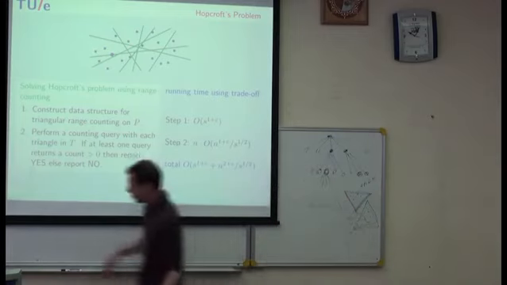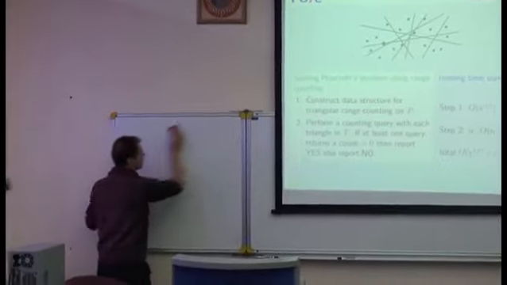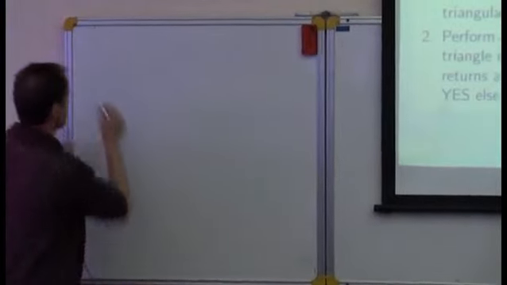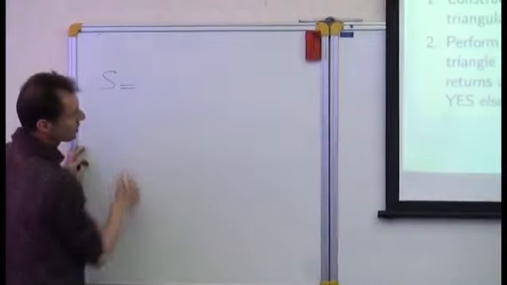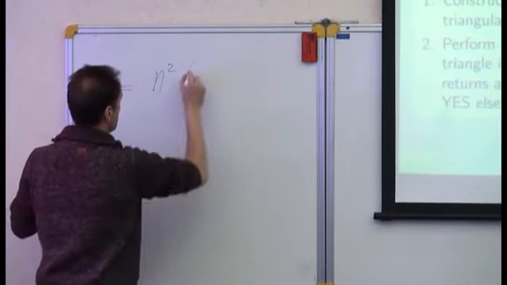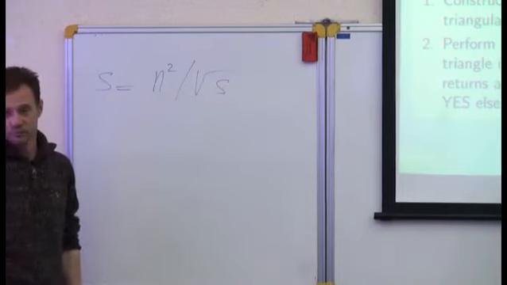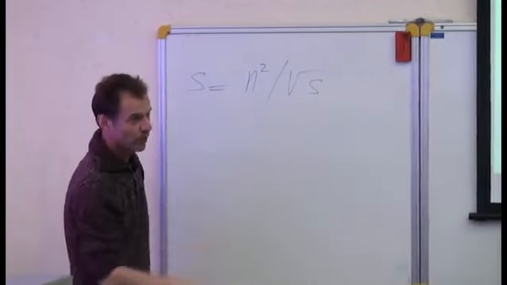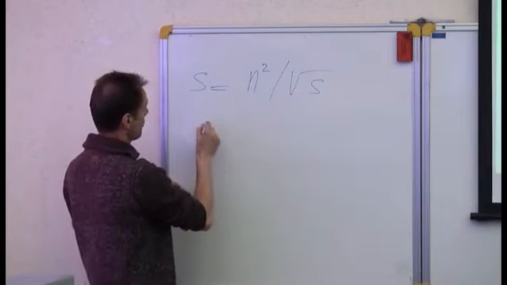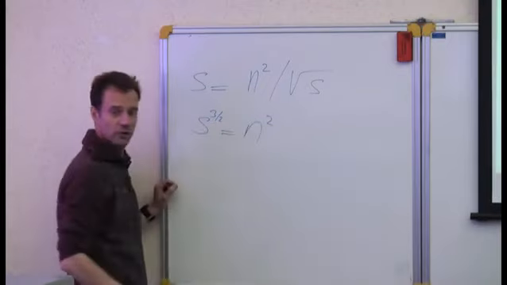So what I want to do is set S equal to n squared divided by square root of S. I have these epsilons on both sides, which I'm ignoring now. So what does it mean? It means S to the 3/2 should be n squared.